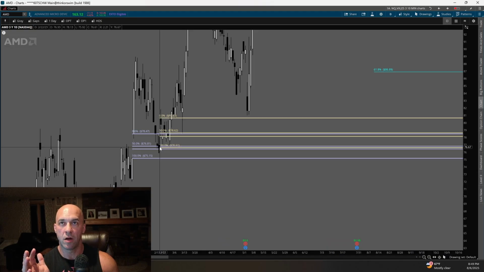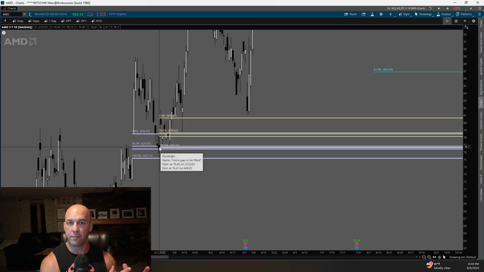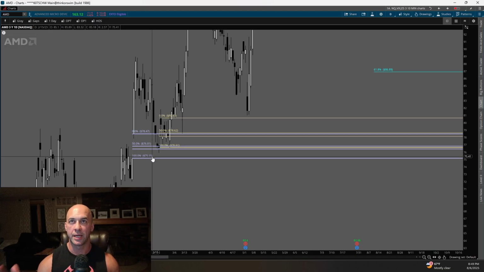It comes down back into the golden zone of this gap. Yes, it wicks a little bit lower, but where does it close? The same rules that you would apply on a 10-minute chart while doing a gap from yesterday to today apply on the daily chart when you're looking at a gap that's really taken, this was February 1st, so it took like 3 weeks to get back there, right? So it's important.